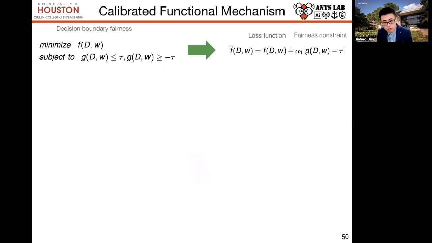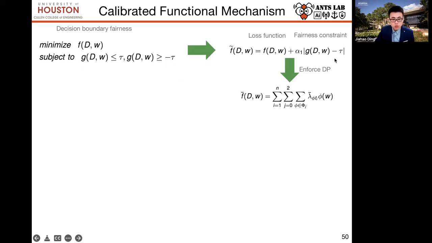So in our case, we propose a calibrated functional mechanism, since we have two requirements: one is to achieve fairness and the other is differential privacy. To enforce fairness, we consider decision boundary fairness as the fairness constraint on the loss function. We first transform it into an unconstrained problem by treating the fairness constraint as a penalty.